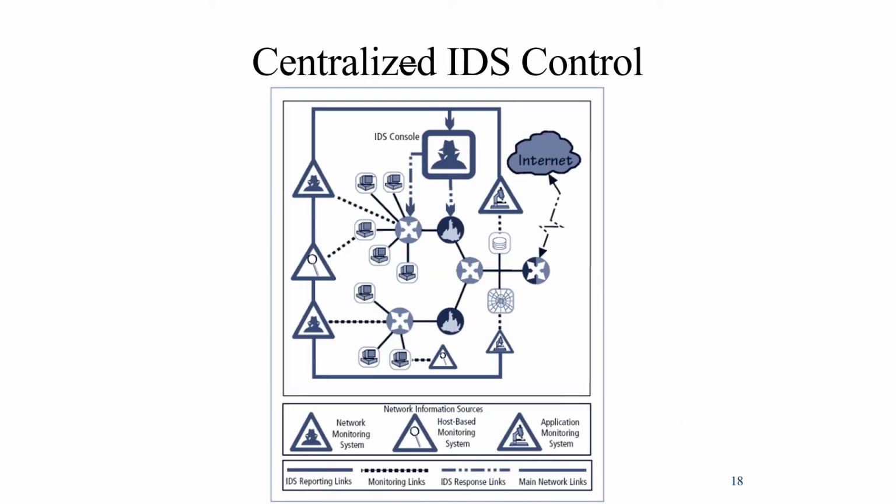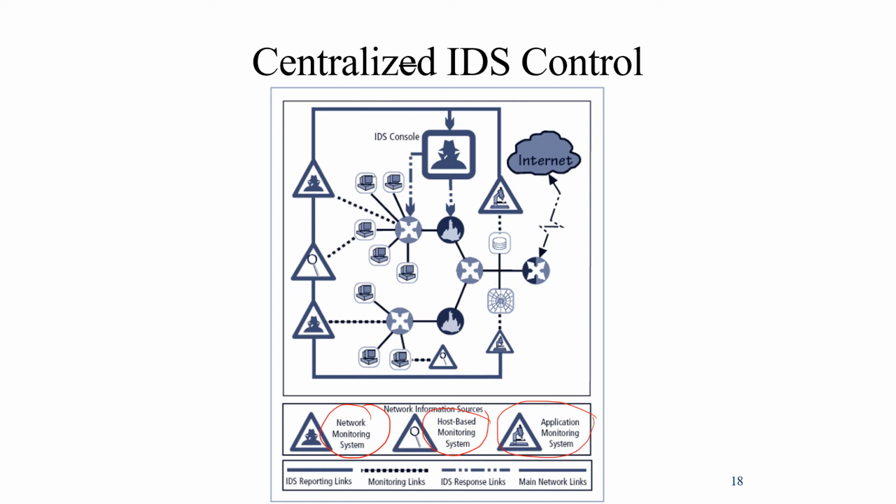So this is the diagram related to centralized IDS control. Everything is monitored centrally. If you observe the icons: network monitoring system, host-based switch monitoring system, application monitoring system.